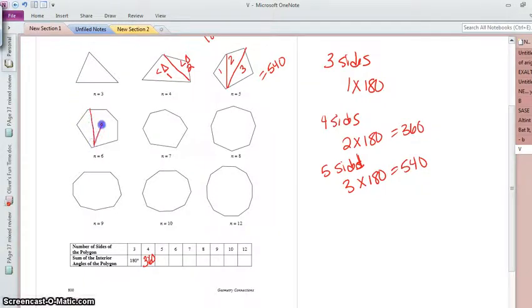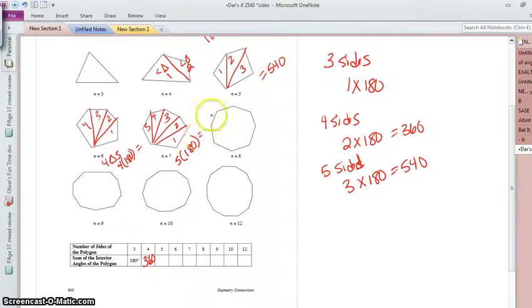So that's going to continue to work for all of these non-regular figures. 1, 2, 3, 4. 6-sided figure, we're going to use 4 triangles. 4 times 180. 7-sided figure, 1, 2, 3, 4, 5. So we need to kind of figure out what's happening here. 5 triangles.